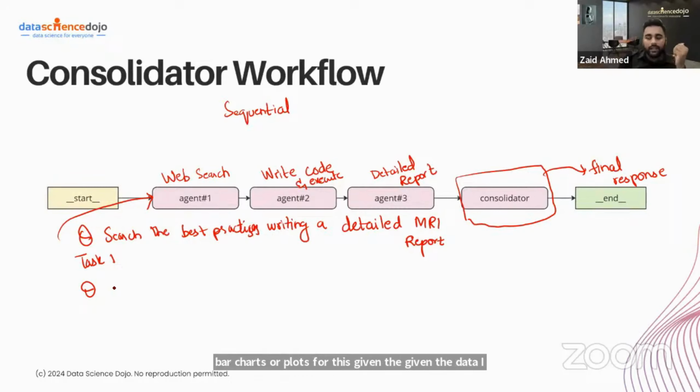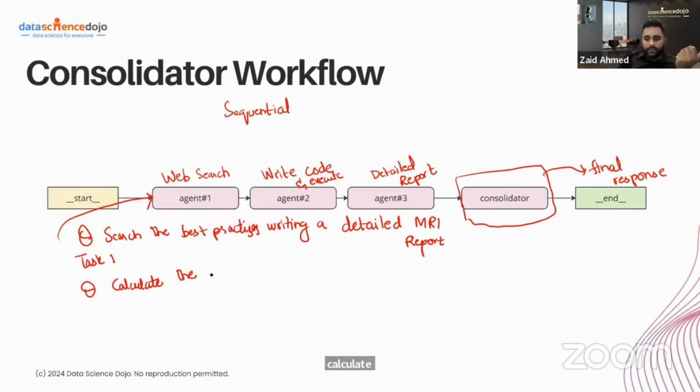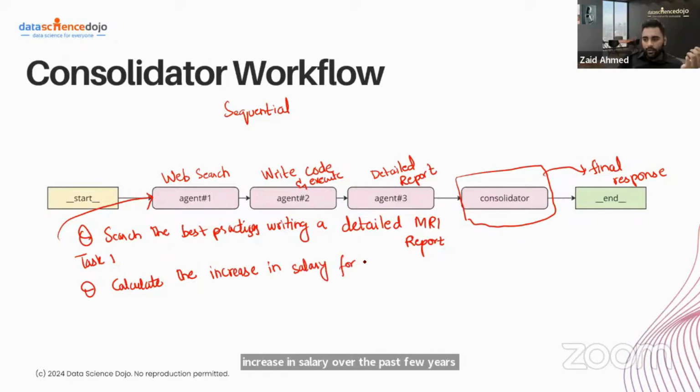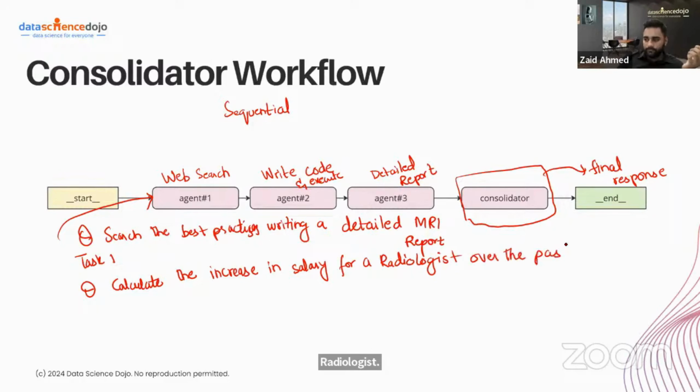So I'm going to ask it to calculate the increase in salary over the past few years for radiologists, over the past 5 years, and draw a bar chart for it.